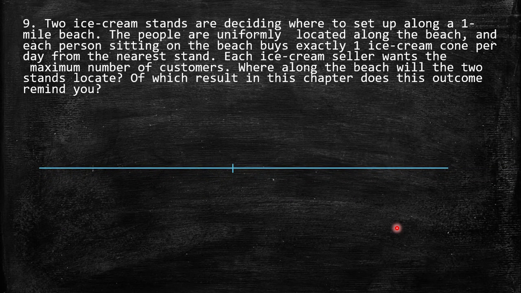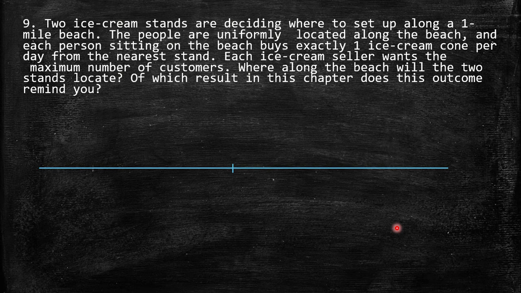9. Two ice cream stands are deciding where to set up along a 1-mile beach. The people are uniformly located along the beach. It means they are located equidistant throughout the 1-mile beach. Each person sitting on the beach buys exactly 1 ice cream cone per day from the nearest stand.